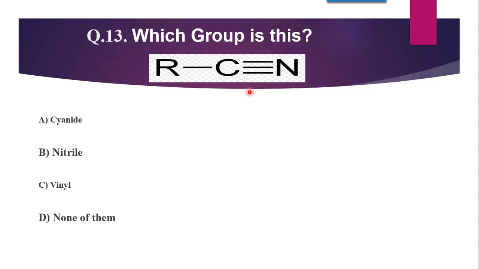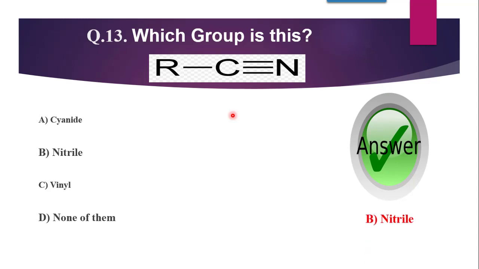But if you consider this carbon too, the two carbons make it ethane, and only this is nitrile, so it can also be written as ethane nitrile, or methyl cyanide, if you consider CN as a functional group present in the compound. So the answer is B, nitrile.